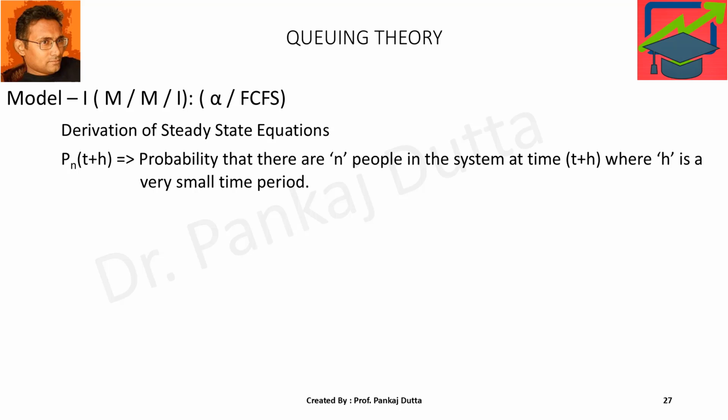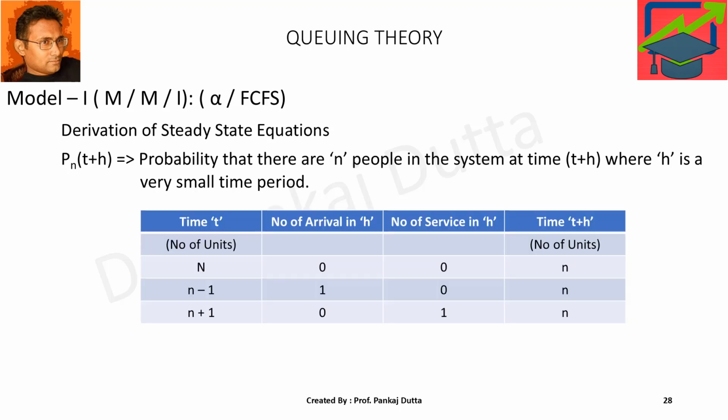Now the question is, in how many ways there can be n people in the system at time t+h? As per our assumption of h, that only one event can occur, there are 3 possible ways of having n people in the system at time t+h. Take your time and go through these 3 scenarios. You can see in every situation there are n number of people at time t+h.